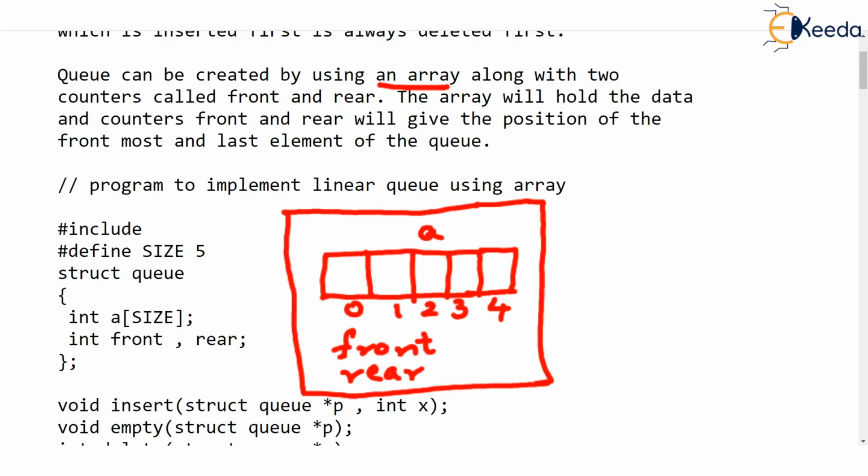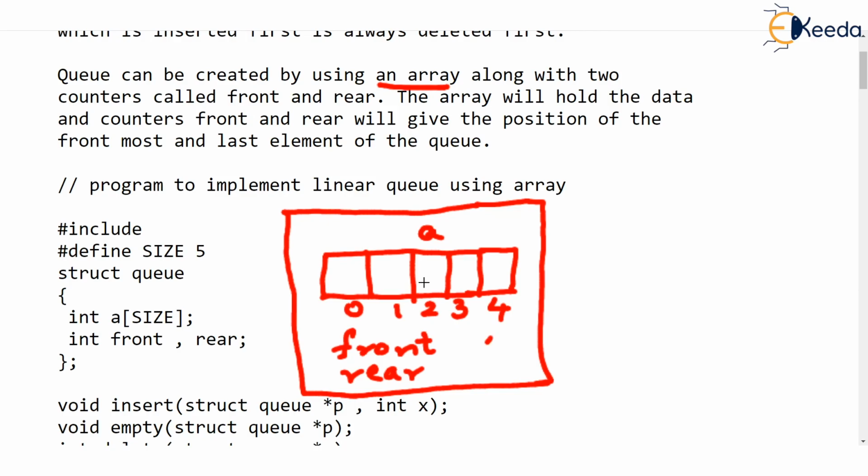As an example, right now you see that there is nothing stored in this array. I mean, even the 0th element of this array is empty. There's nothing in the array. What that means is that this queue is at the moment empty. And how do you then represent an empty queue?